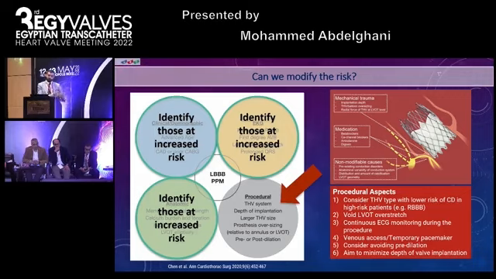Then don't move to take a device with a known high rate of pacemaker. Avoid LVOT overstretch. Continuous ECG monitoring during the procedure if you anticipate that the patient is at risk. Venous access and temporary pacemaker is a routine. Consider avoiding pre-dilatation when possible if you perceive that your patient is at increased risk of conduction disturbances, and aim to minimize depth of valve implantation.